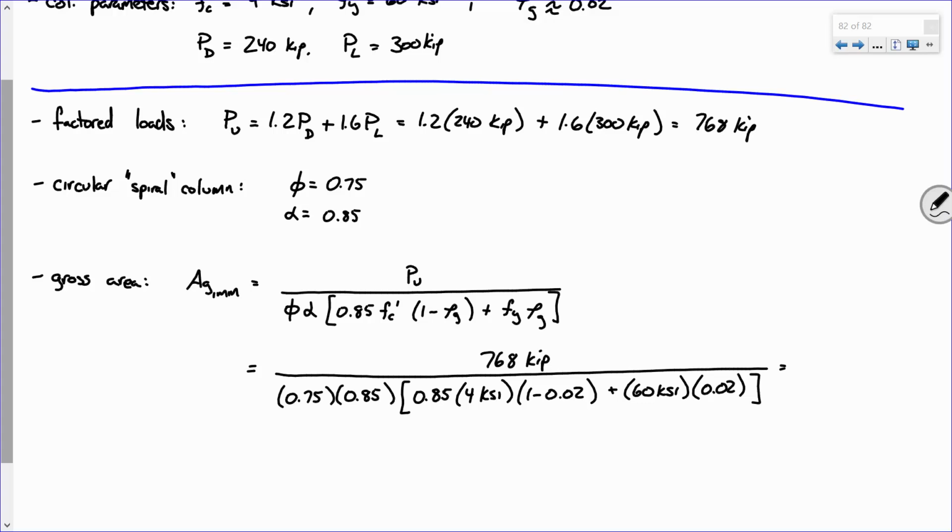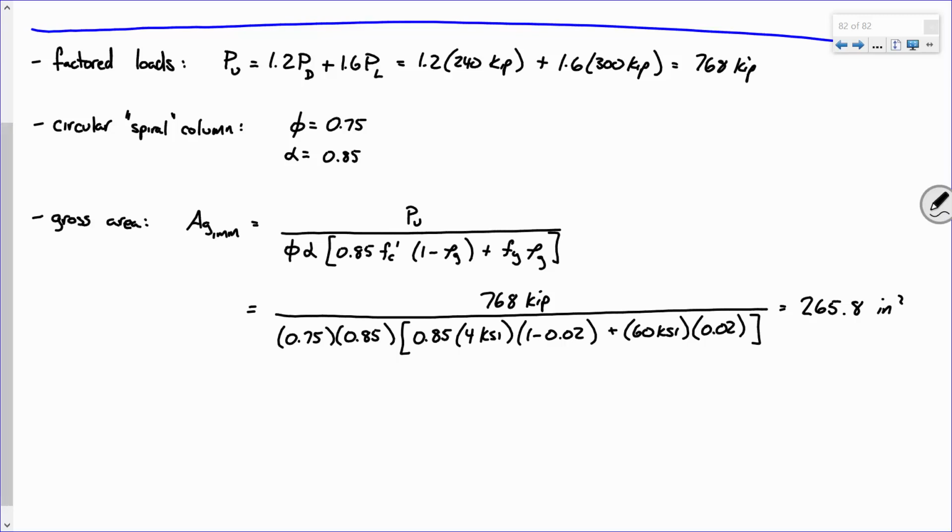Anybody calculated this out? 265.8. Anybody else getting that? All right. Guess I don't. I guess I just wrote something down wrong. Okay. So that's how much area we need for our column.